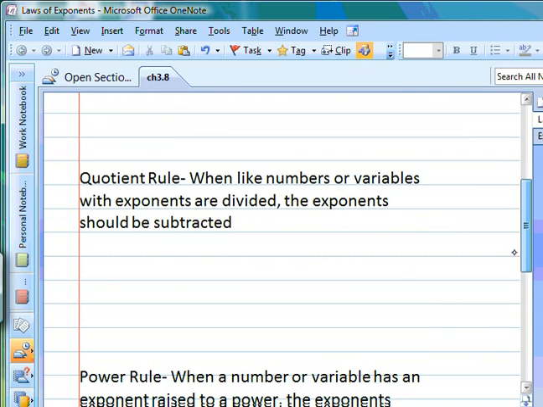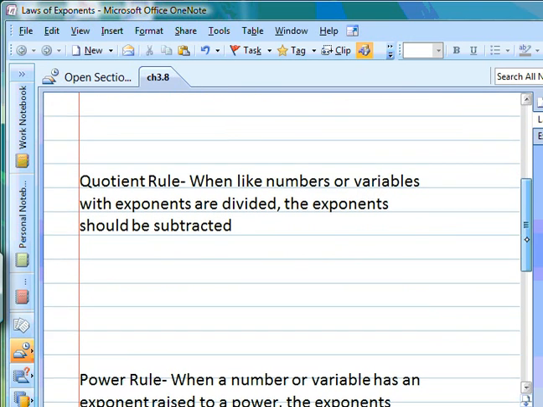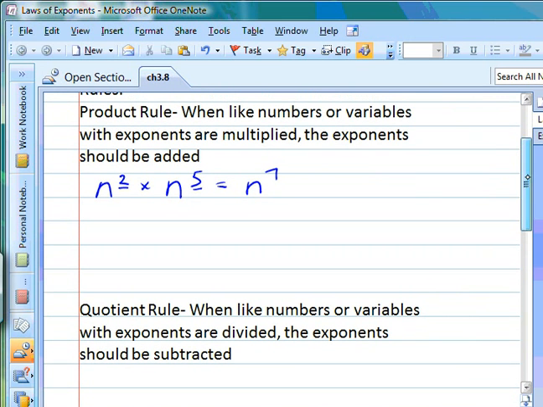The second rule we're going to talk about is the quotient rule. The quotient rule is almost identical to the product rule. The only words that are different are the words multiplied gets switched to divided, and the word added gets switched to subtracted.